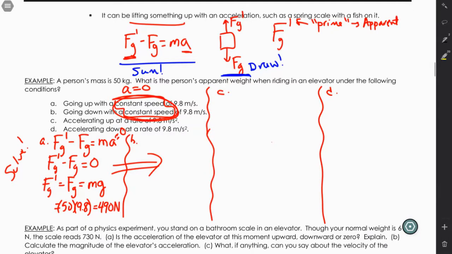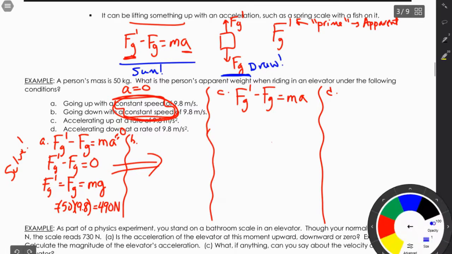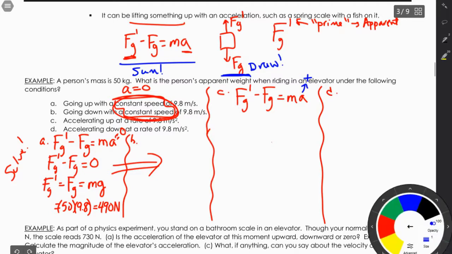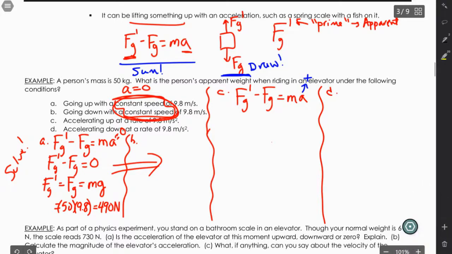All right, part C. We're going to accelerate up at a rate of 9.8 meters per second squared. So again, we're at Fg prime minus Fg equals ma. Our acceleration is a vector, so we have to put in the sign. When we accelerate up, that means in the same direction as your velocity, so the velocity and the acceleration work together.